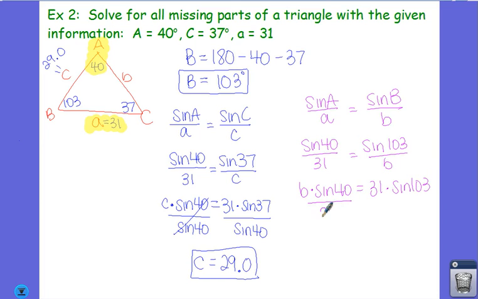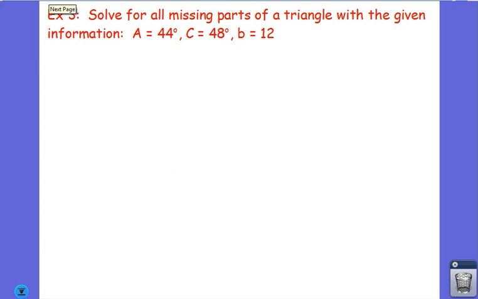You should have divided by the sine of 40 and you get b equals 47.0. So hopefully you got all parts of that triangle correct. So far those two have been pretty straightforward. So let's go ahead and move on to example 3 together.